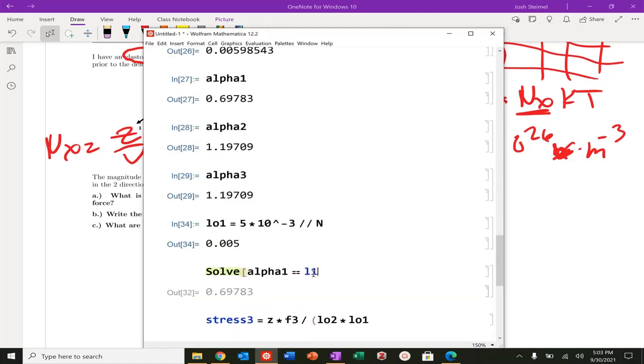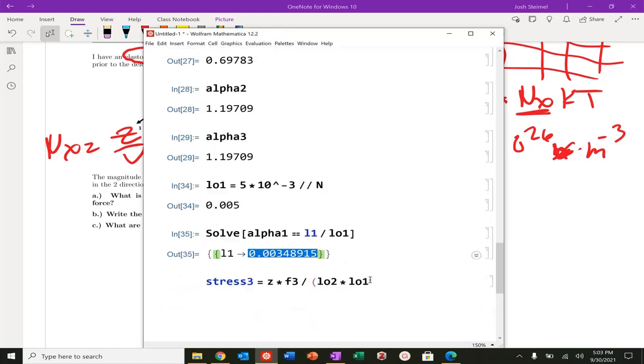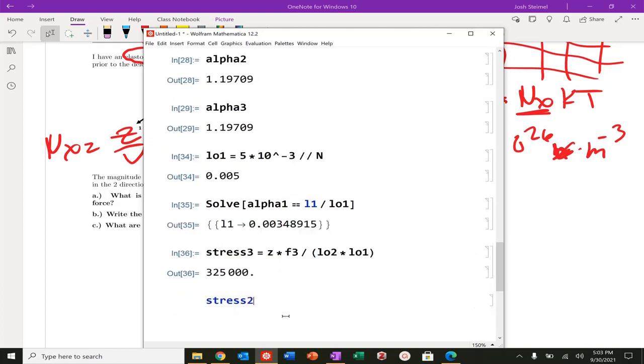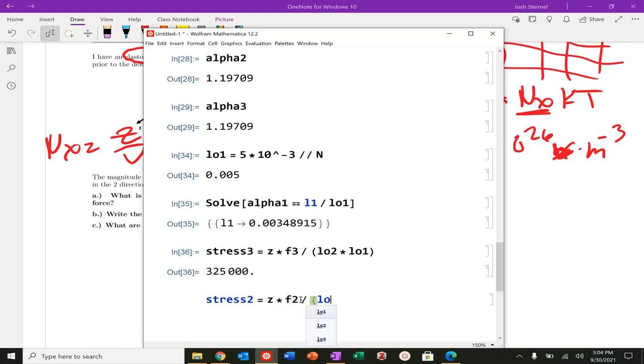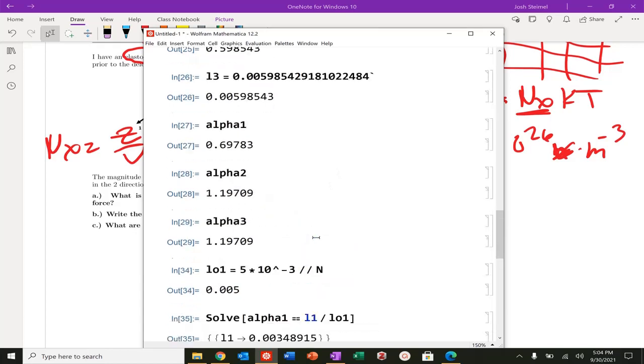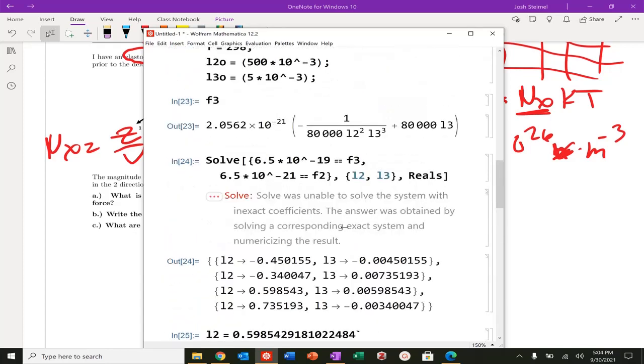So now I can do L1 divided by L naught 1. There's my L1, just in case we needed that. So this would be my stress. My stress in the 2 direction would just be Z times F2 divided by L naught 1 times L naught 3. And there we go, we've gotten those values.